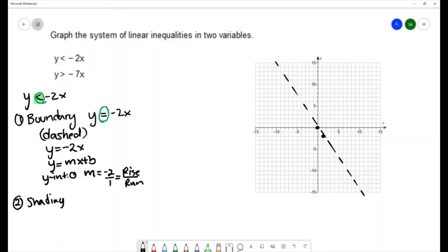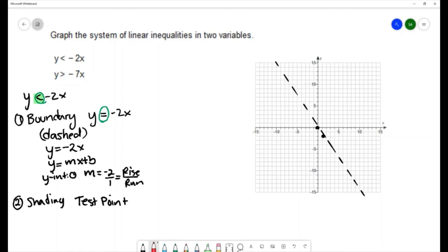We need to distinguish which side is which. So we're going to choose a test point. And most people like to choose 0, 0 as a test point. However, we do have one rule with our test point, that it cannot fall on the line. And this line contains the point 0, 0, so we can't use that test point. So I'll pick a different test point.